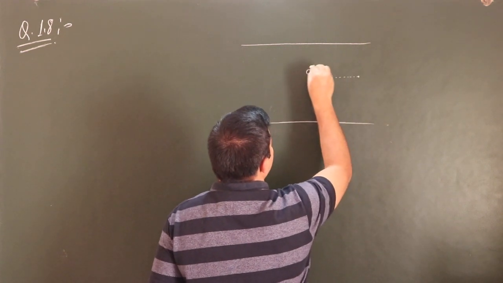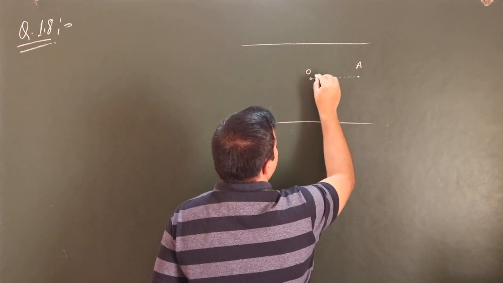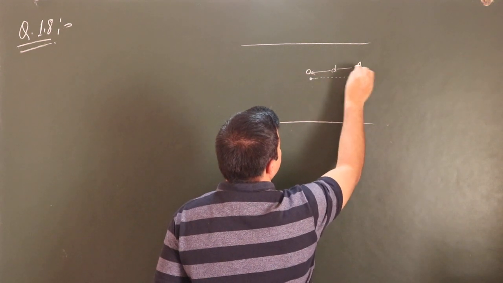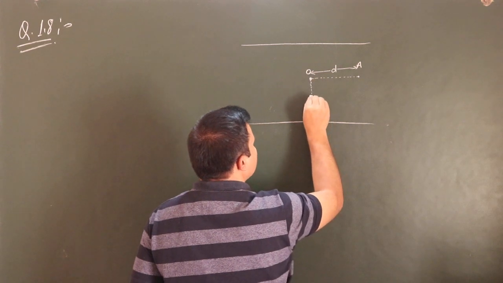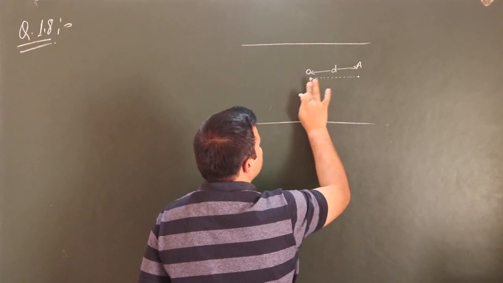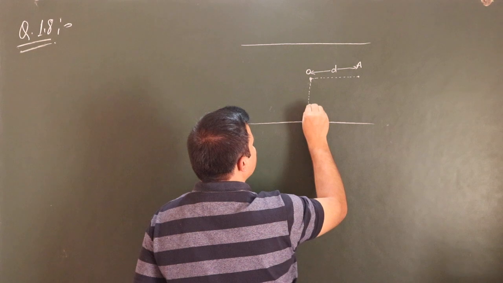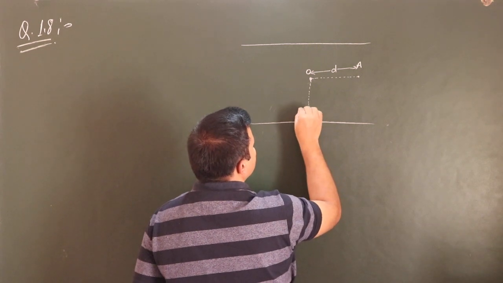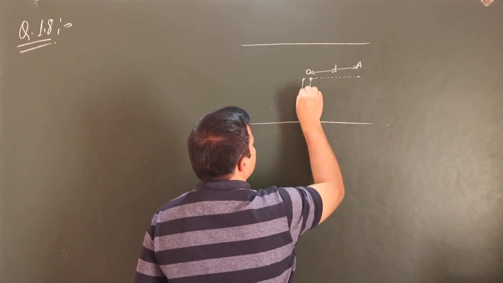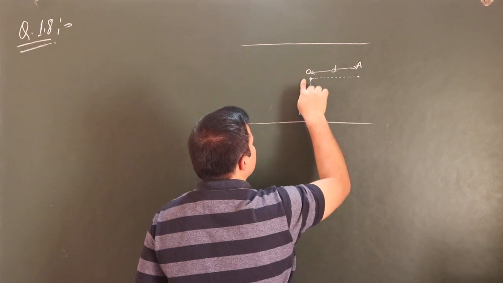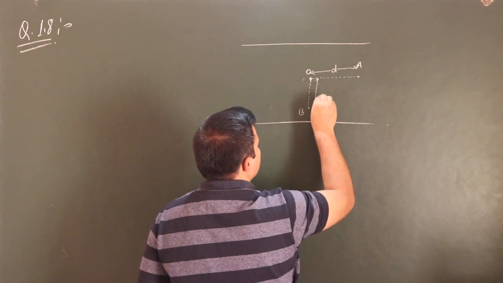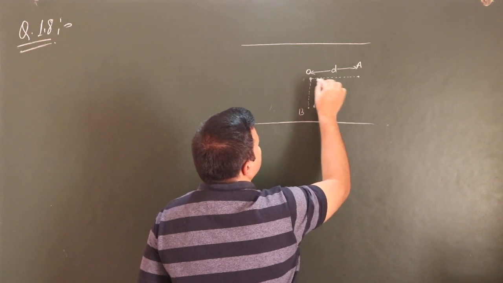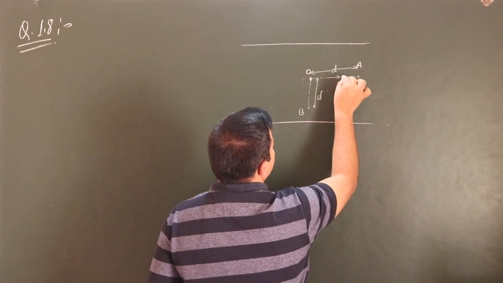Suppose from O to A the distance is D, and another boat, second boat B, is moving from O to B. This is also equal to distance D. Means boat A is moving in this way.